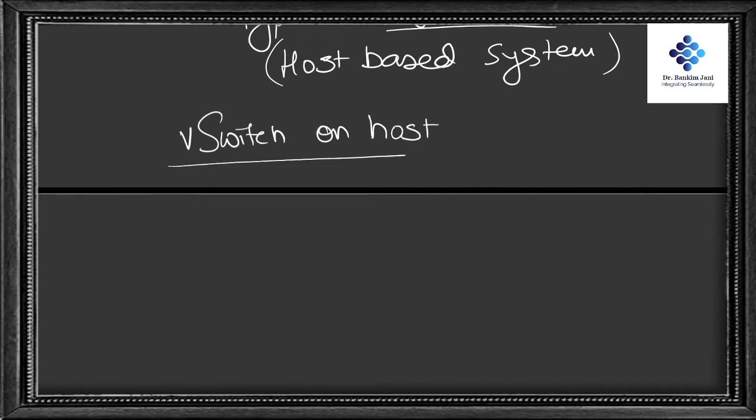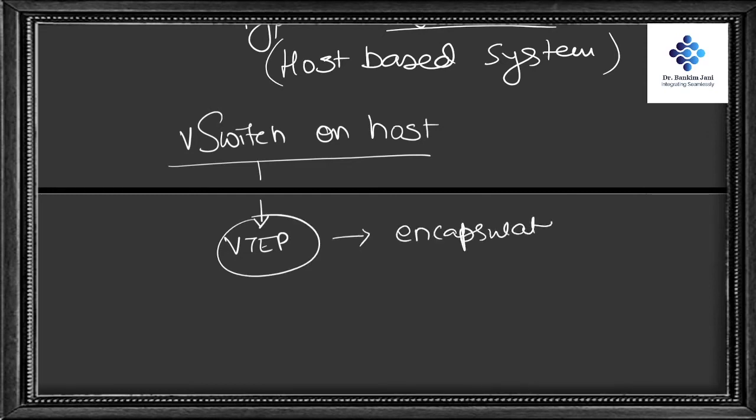So this vSwitch has the capability that you can create VTAP on that. And once you have created a VTAP, that means it will have the capability to encapsulate traffic. Encapsulate traffic. And if it can encapsulate traffic, that means it can really communicate.